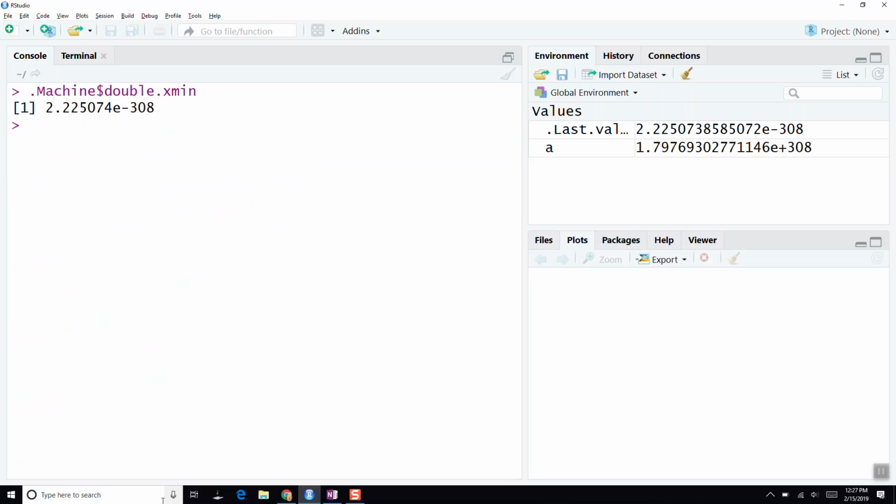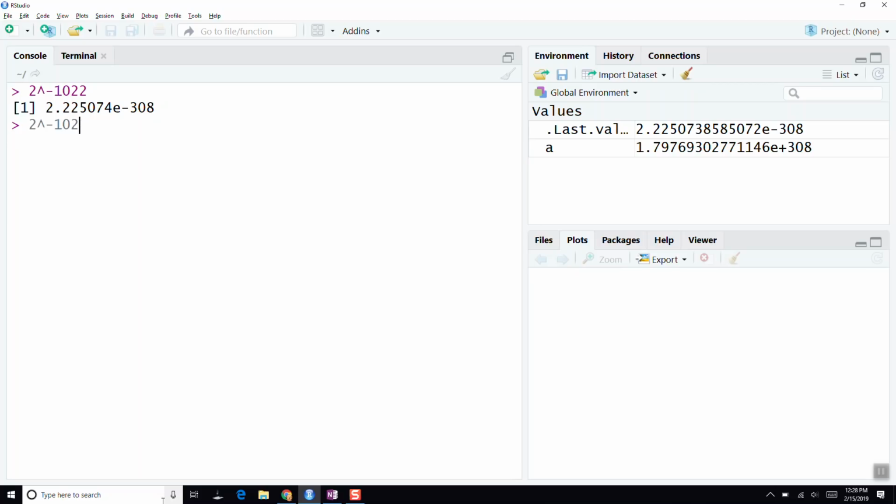I think it's equivalent to 2 to the negative 1020. Yeah, 2 to the negative 1022. Sorry, 2 to the negative 1022.